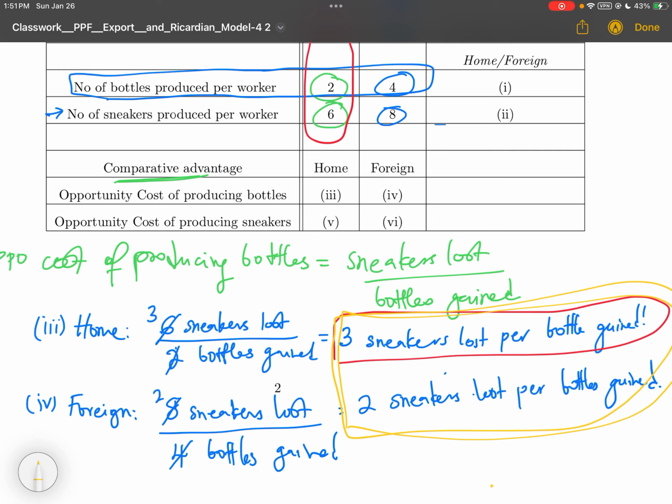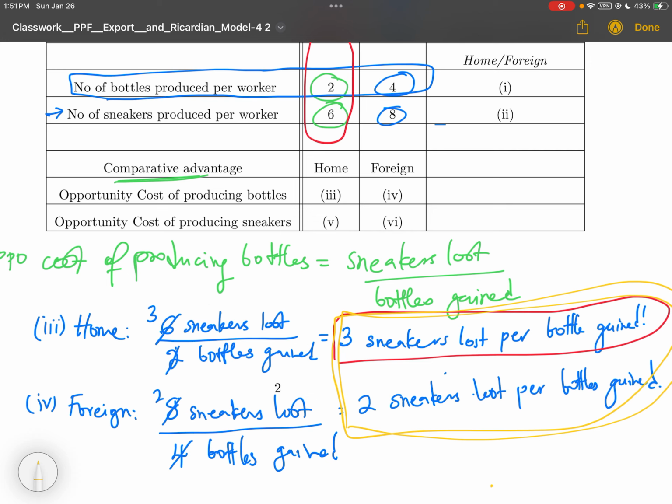And so if foreign is going to make the bottles and sell them, foreign would like to sell the bottles for 2 sneakers or more. So that gives us the lower bound. Foreign, being the seller, would like to break even or make more on the bottles they are selling.